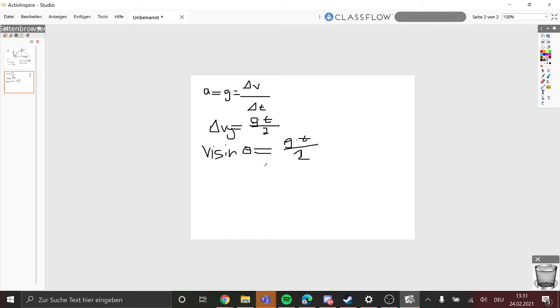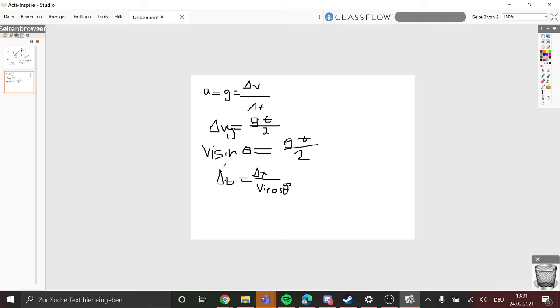Now that we know these, we also know that time can be rewritten as delta t equals delta x over Vi cosine theta.